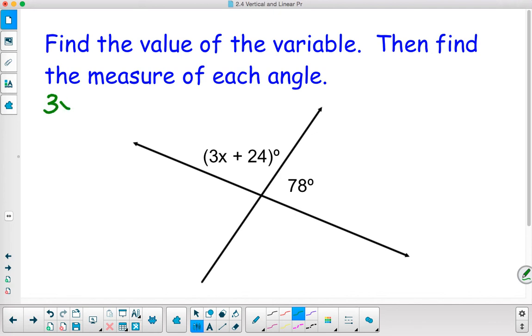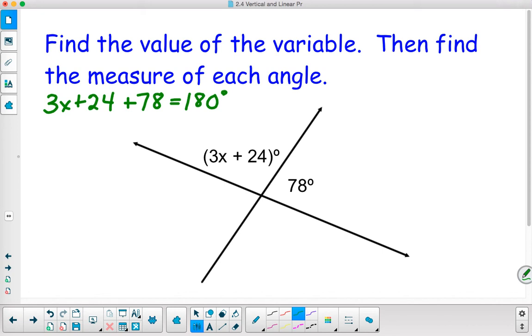Okay, 3x plus 24, and then add on 78. That should total 180. The linear pairs are supplementary. Okay, pause so that you can solve. I'm going to double check myself by some calculations this time.